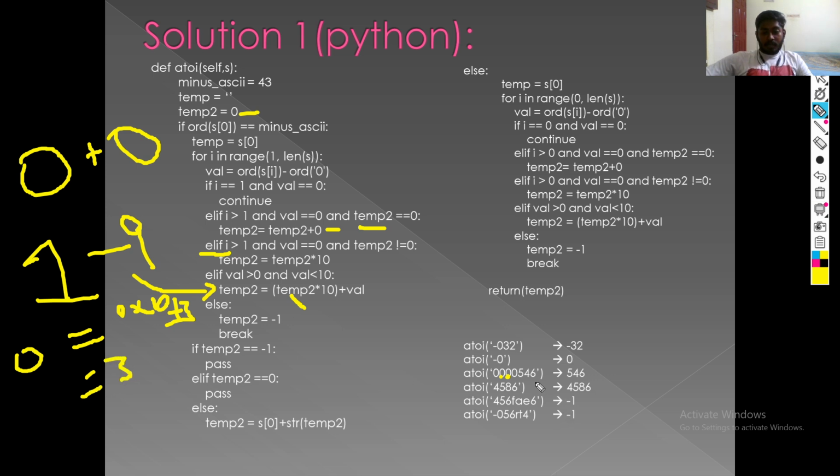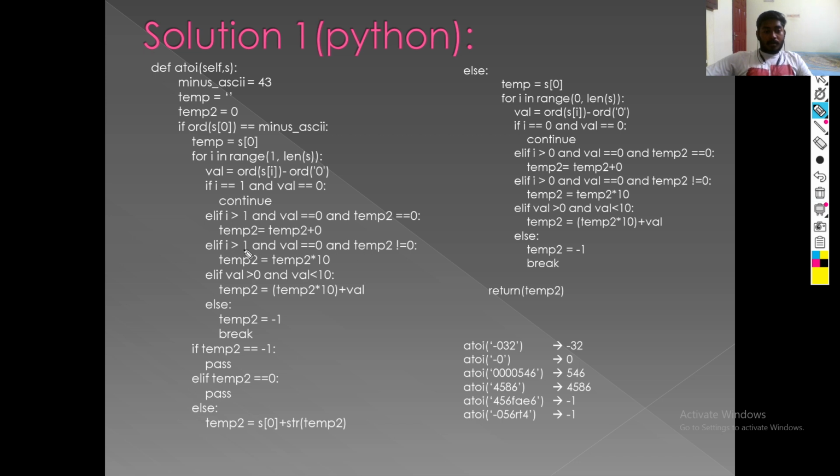If I am getting another value of 2, then 3 into 10 plus 2, which means 32. Okay, this is how it works.